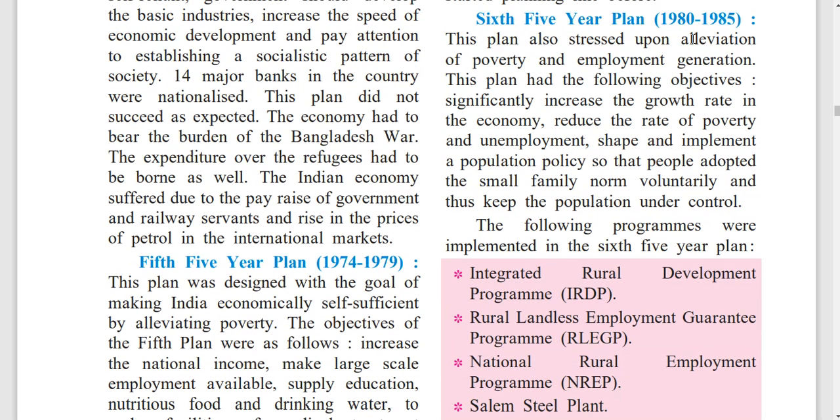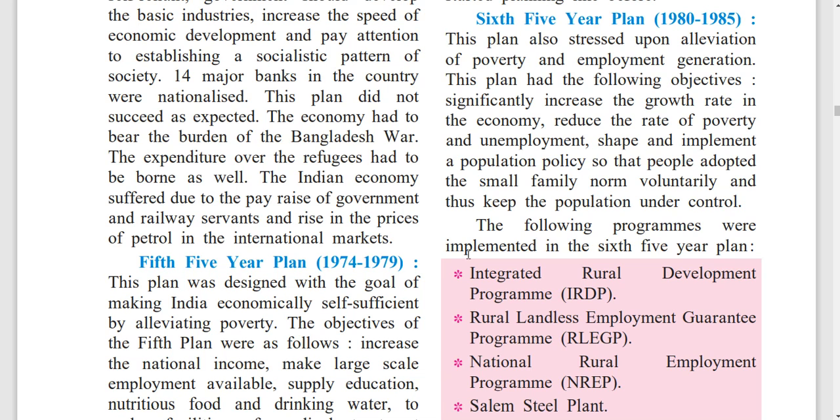Sixth five-year plan, 1980 to 85. This plan also stressed upon alleviation of poverty and unemployment generation. This plan had the following objectives: significantly increase the growth rate in the economy, reduce the rate of poverty and unemployment, shape and implement a population policy so that people adopted the small family norm voluntarily and thus keep the population under control.